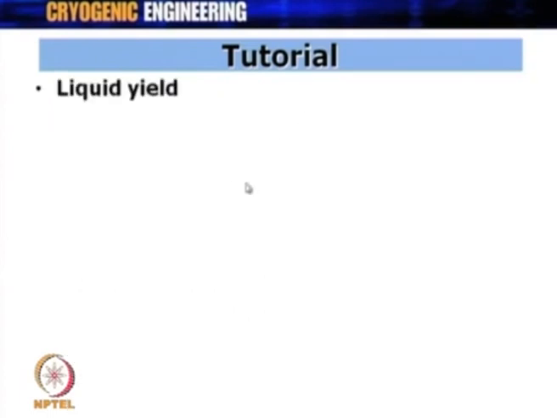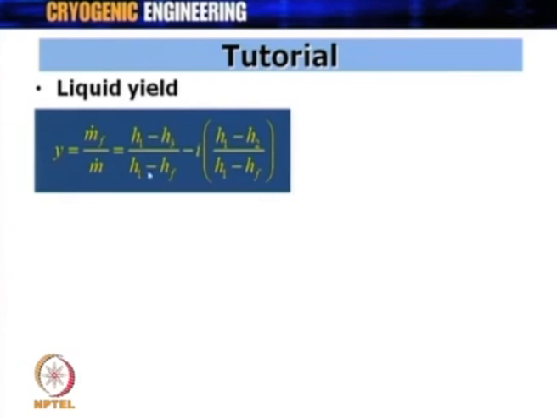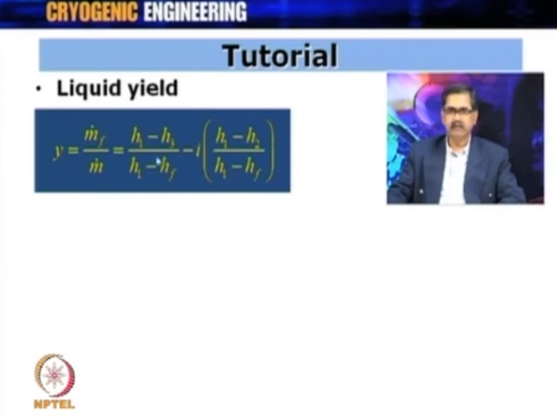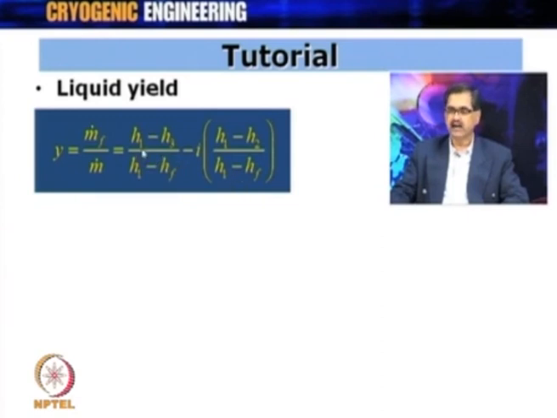Now, let us first calculate the liquid yield, which is this expression. As you know, we have a first term and a second term. What we want to know now is the enthalpy at points 1, 2, 3 and F, and we have already made those tables. We will get the enthalpies H1, H2 and HF, and of course, H3 also.